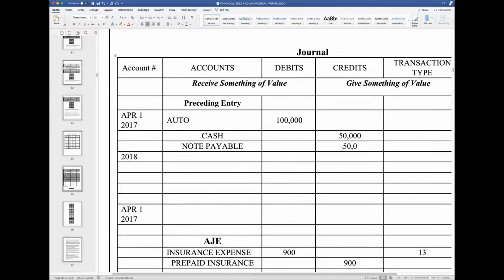So you buy 5 autos at 20,000 each, so your total cost is 100,000. You pay 50,000 down, and 50,000 notes payable.